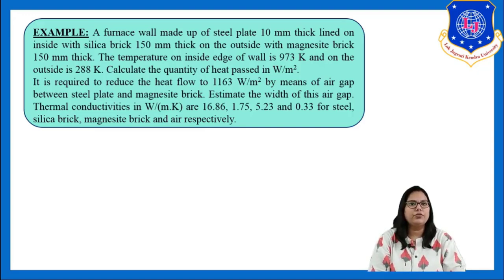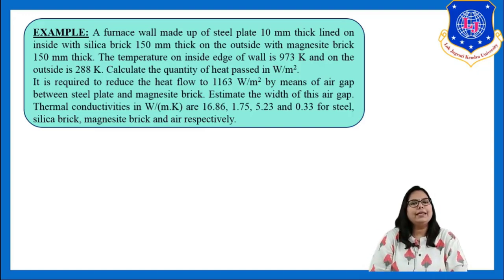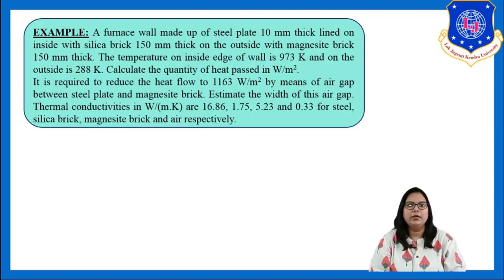Calculate the quantity of heat passed in watt per meter square. So this is my case number 1. In case 1, we have to calculate the rate of heat loss in watt per meter square when the composite wall is made up of three different materials having different thicknesses and T1 and T2 are given. So it is similar to our previous example of composite wall, right?